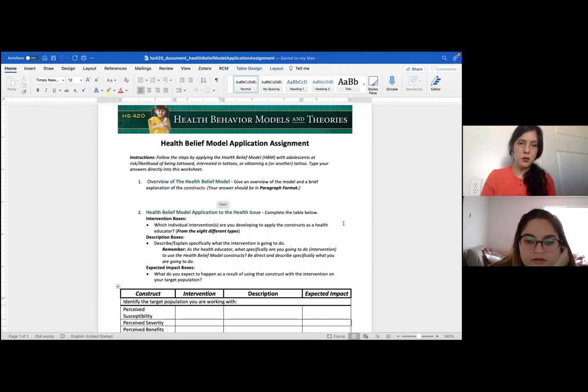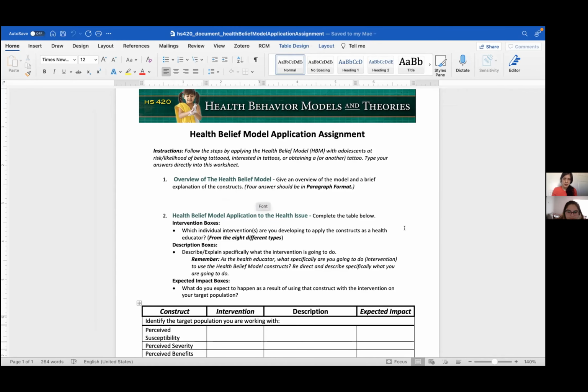So the first question would be the overview of the health belief model. And it says, give an overview of the model and a brief explanation of the constructs. So we already talked about it, the 8 constructs. Yeah, there are 8, right? 4 and then 2. I don't know. Well, but okay, we already discussed that. Yeah.